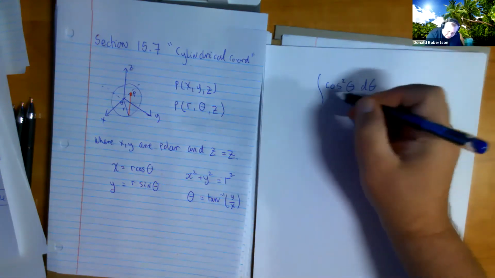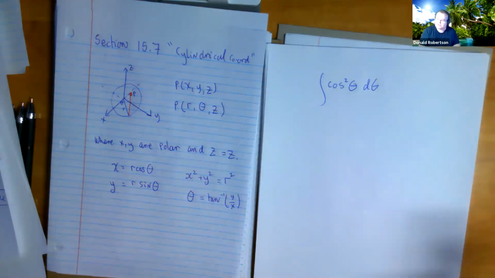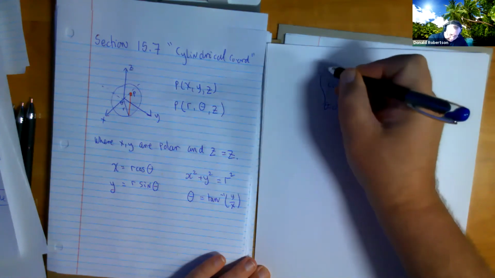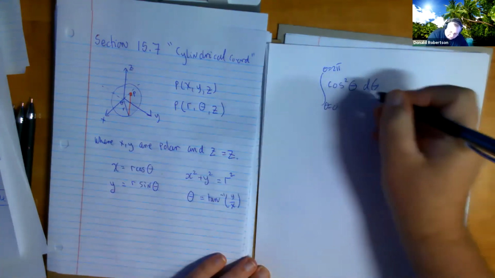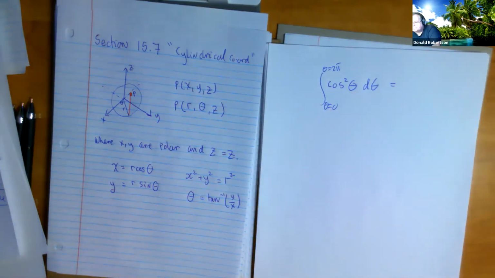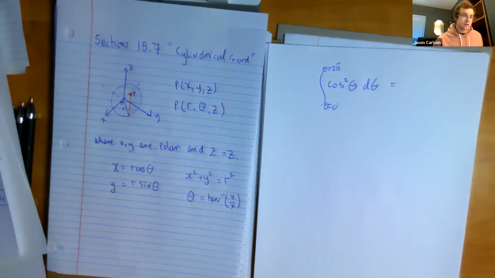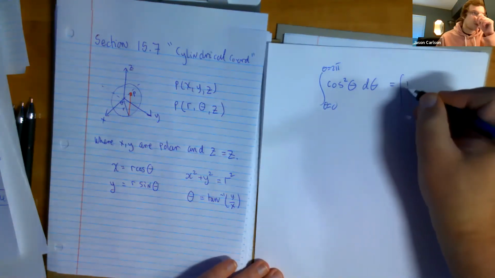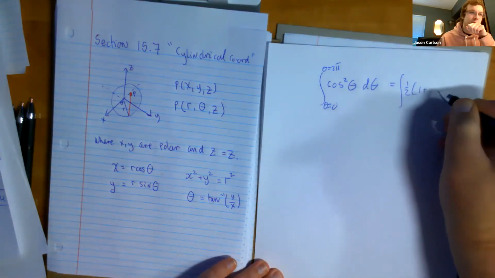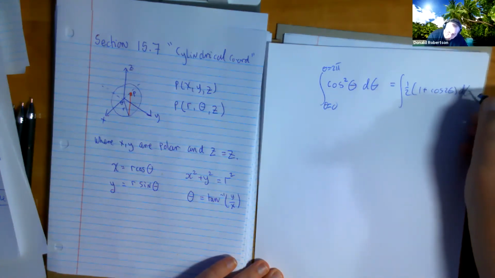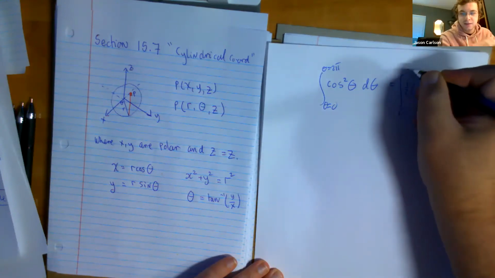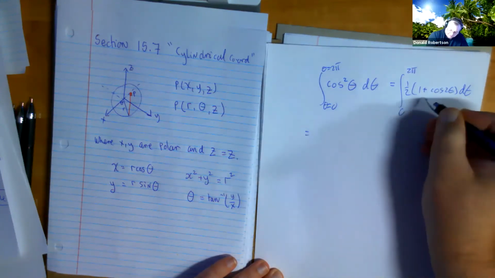If there's an r squared next to it, can't you just forget it and stick it outside and tag it on when you're finished? So that ain't a major issue. Theta is going to go from 0 to 2 pi anyway, in our question. How do you integrate that guy? You turn it into, I think, 1/2 of 1 minus cosine of 2 theta? Pretty close, 1 plus. And then distribute it.